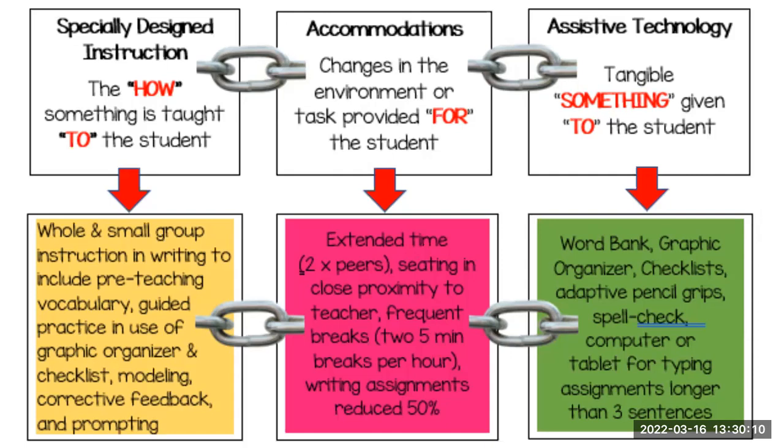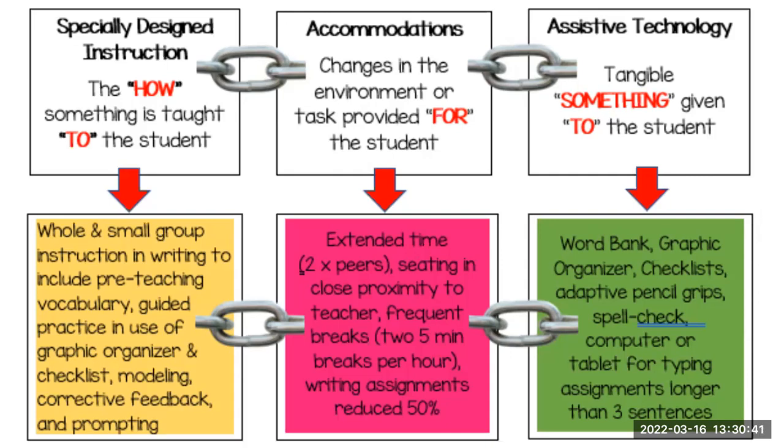It includes pre-teaching vocabulary, guided practice in use of a graphic organizer and checklist, modeling, corrective feedback, and prompting. Those are all actions that the teacher takes, not the graphic organizer. The organizer cannot teach anything on its own. It can't do anything on its own but lay on a table. So it's the action of the teacher, the teaching.